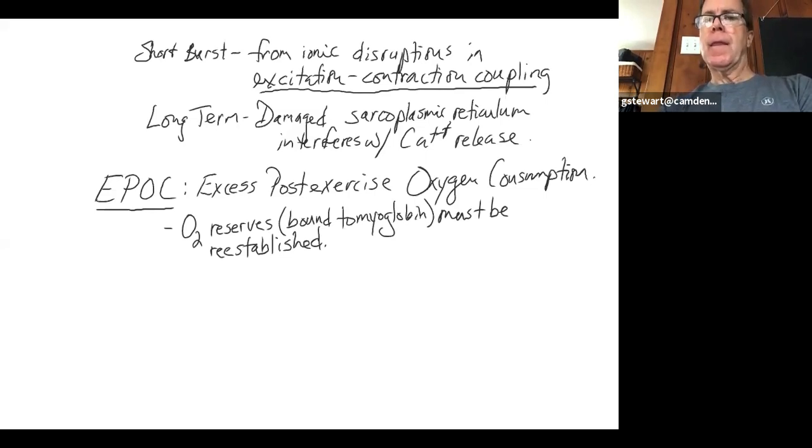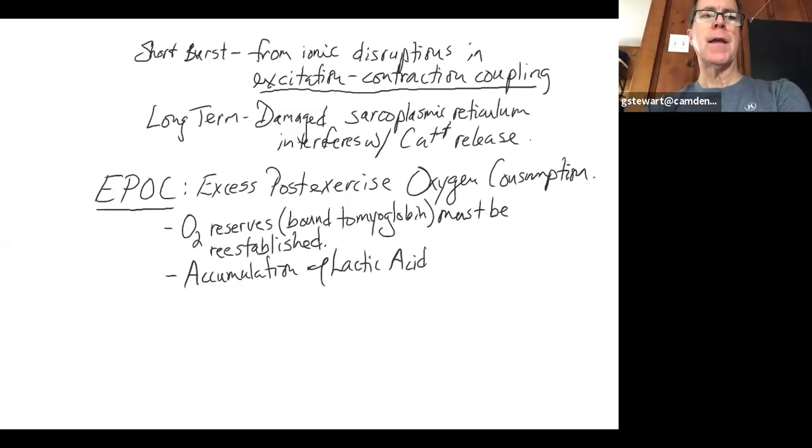The accumulation of lactic acid. Remember, lactic acid is a byproduct of the anaerobic pathway of glycolysis, and that builds up in the muscle cell. So the accumulation of lactic acid must be taken care of.